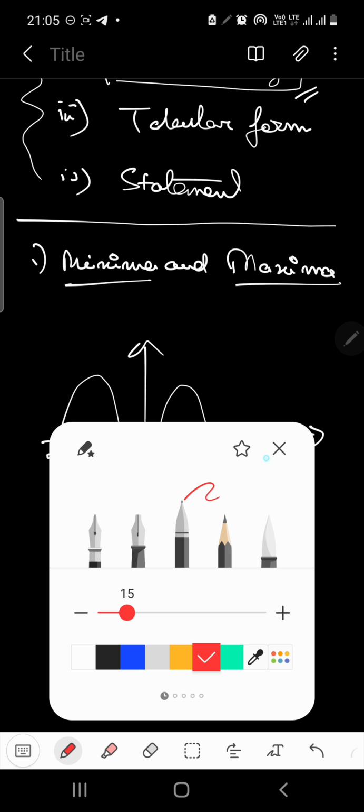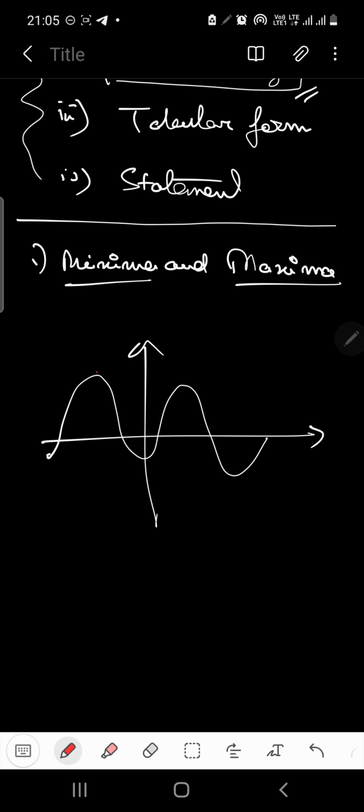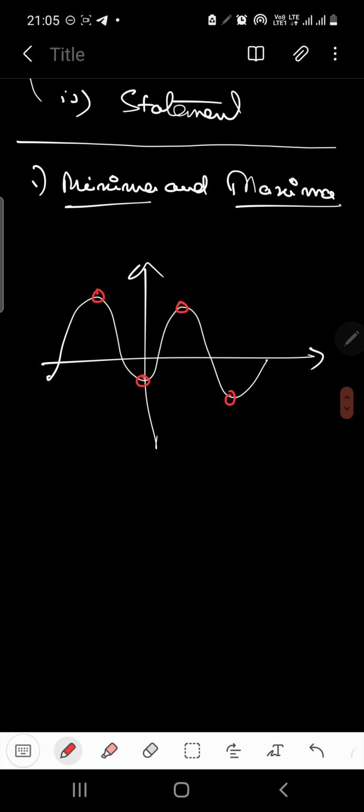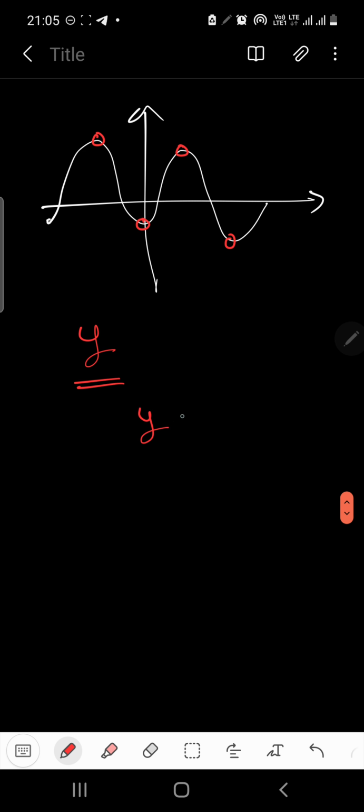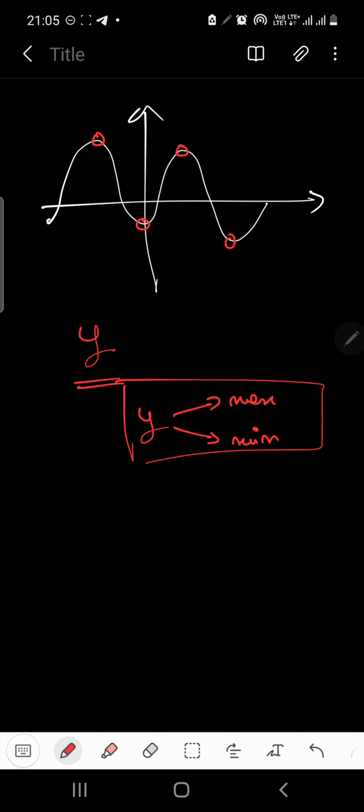Now we can clearly find that there are certain points where, suppose the function is denoted by y, there are certain points on the 2D plane where y has a maximum value and where y has a minimum value. Got it? At these points y has a minimum value, at these points y has a maximum value.